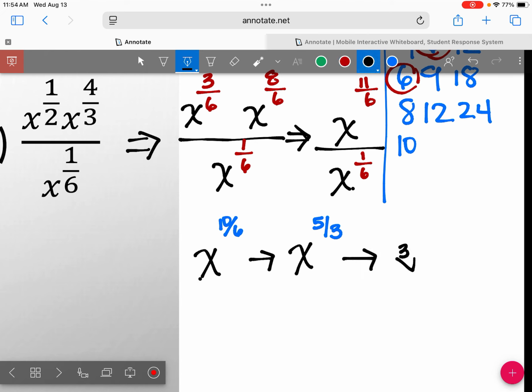So that would be the cube root of x to the power of 5. Remember, whenever you're writing, if it has an exponent, the number in the bottom, that's what goes in the elbow. So the 3 goes in the elbow.